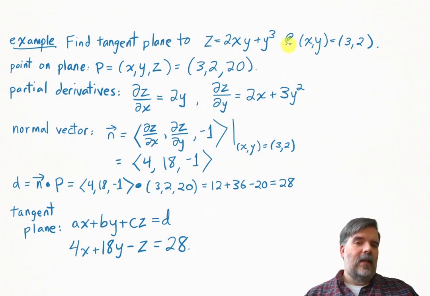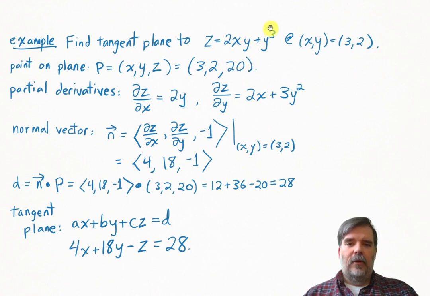Let's calculate the tangent plane at the point x, y equals 3, 2. Well, first, let's calculate a point on the plane. So the point P equal to x, y, z, where x is given as 3, and y is given as 2. To calculate z, plug in 3 and 2 for x and y, and you'll find that z equals 20.